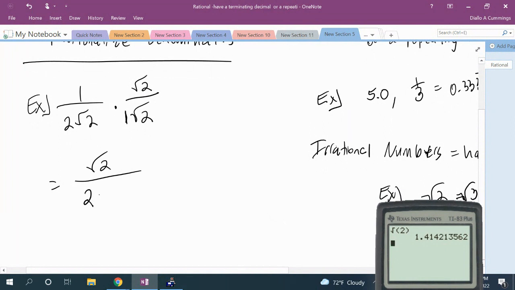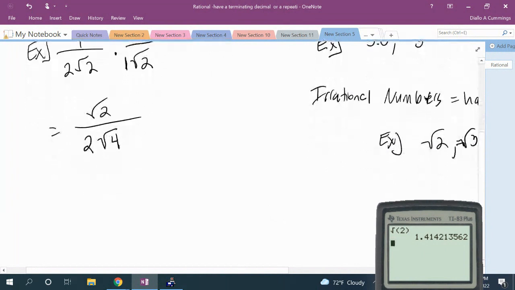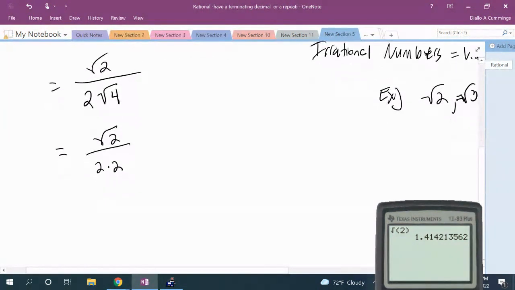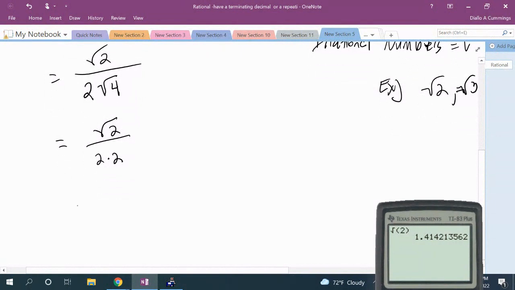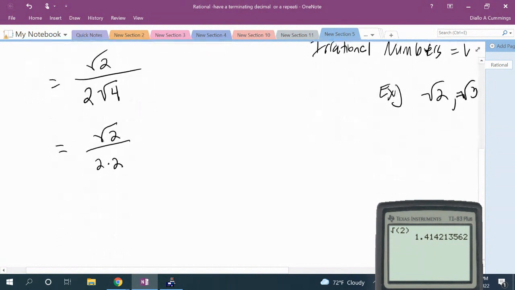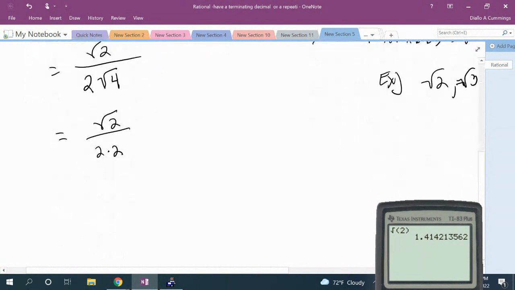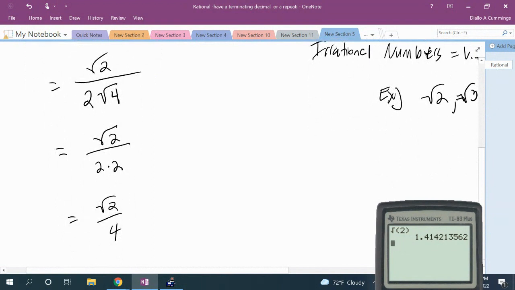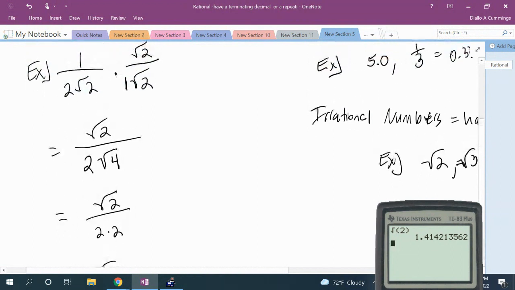The square root of 2 times the square root of 2 is the square root of 4, which is exactly 2. So we have the square root of 2 over 4. Notice now that in the denominator we do not have an irrational number.